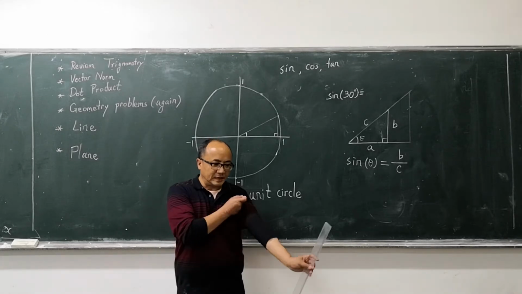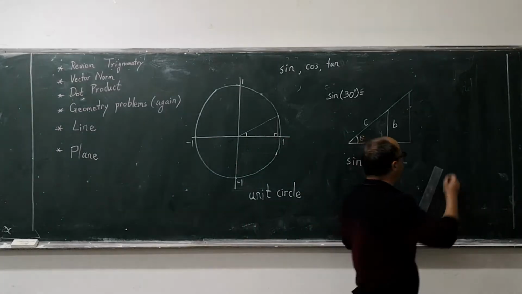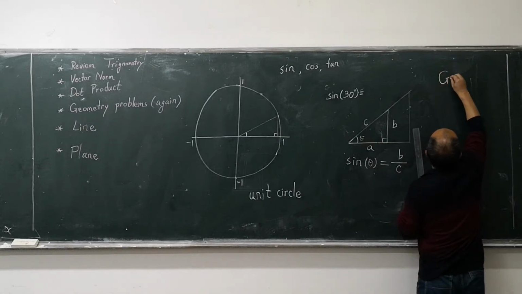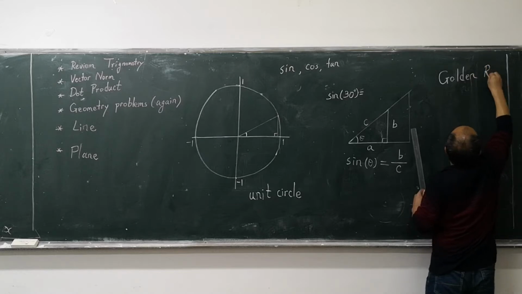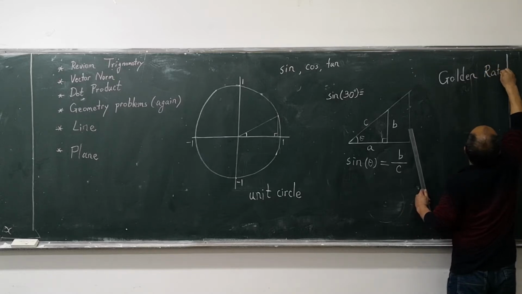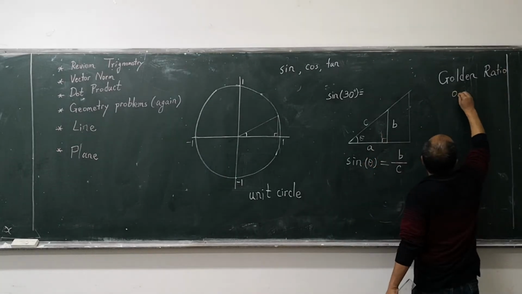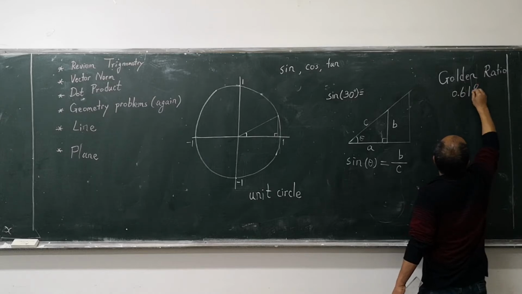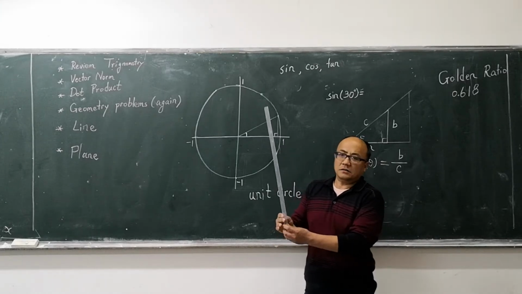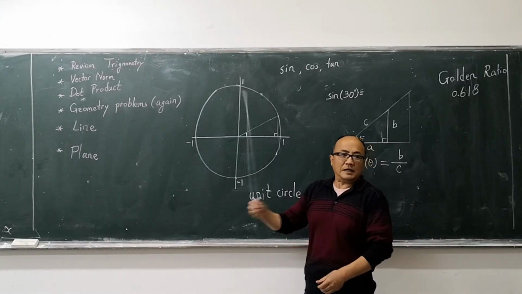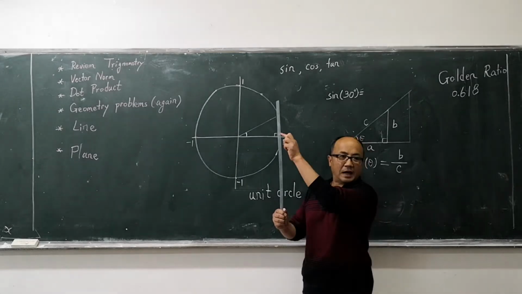And the golden ratio. If this is a bar, and I keep doing this until it breaks, it will break at this ratio.